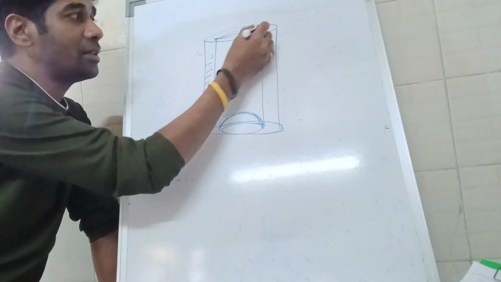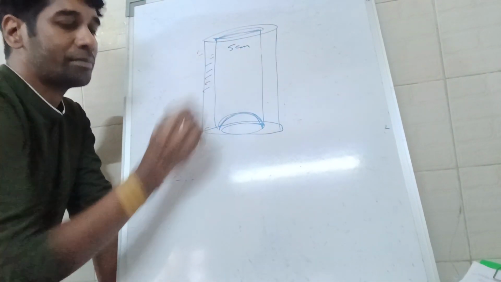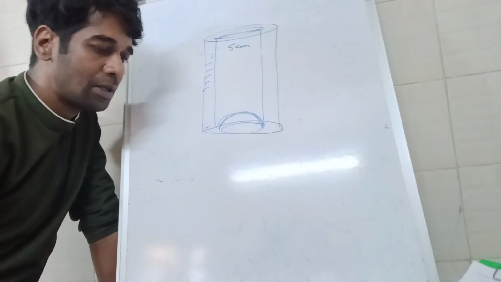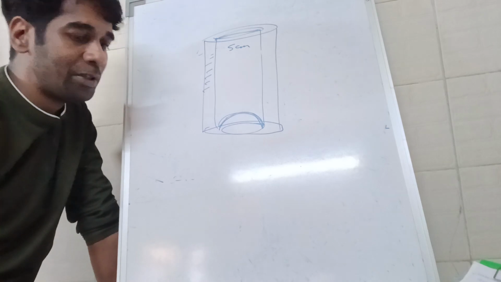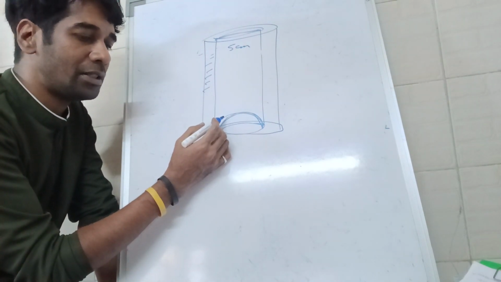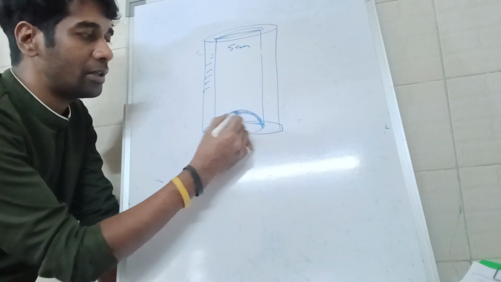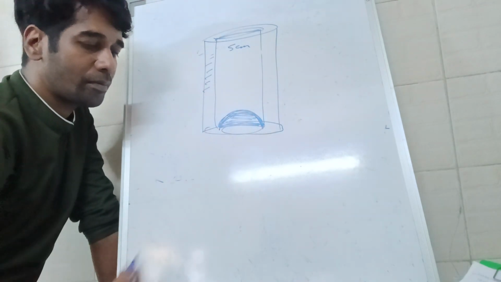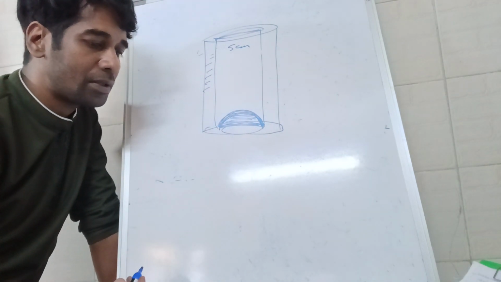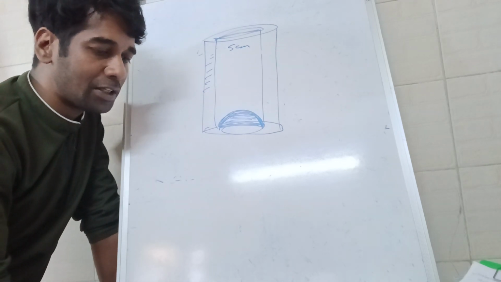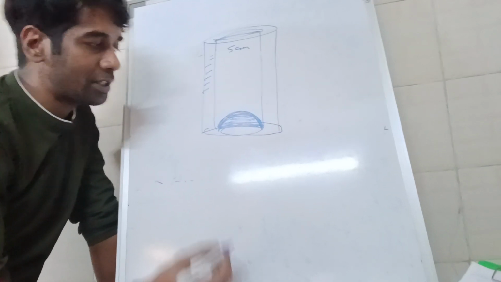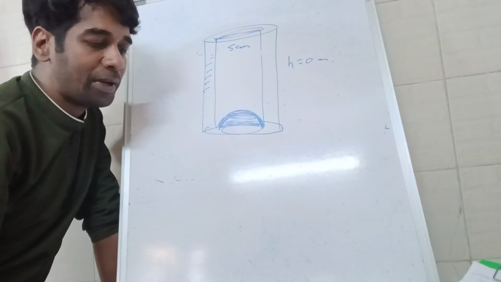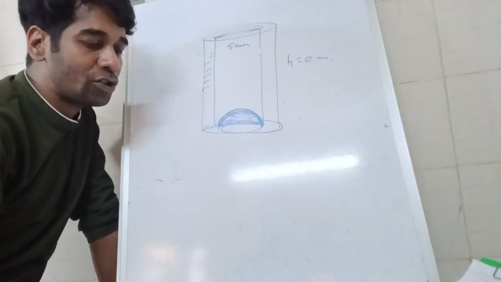Now this diameter is 5 centimeter. But the bottom of the glass had a hemispherical raised portion, that is here a hemisphere, which reduced the capacity of the glass. If the height of the glass was 10 centimeters, find the apparent capacity of the glass and its actual capacity.